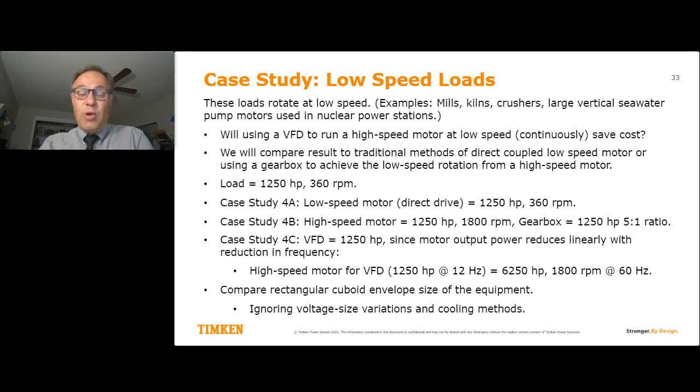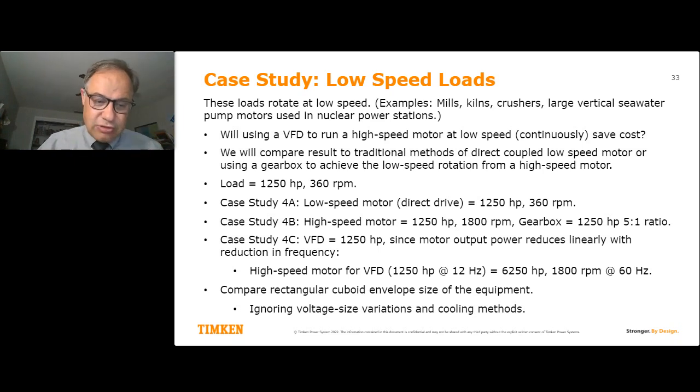Unfortunately, we know that because of the VFD, the power of the motor decreases linearly with the frequency. So, in reality, I would need to buy a 6,250 horsepower motor, a 4-pole motor at 60 hertz, in order to achieve my 1250 horsepower.